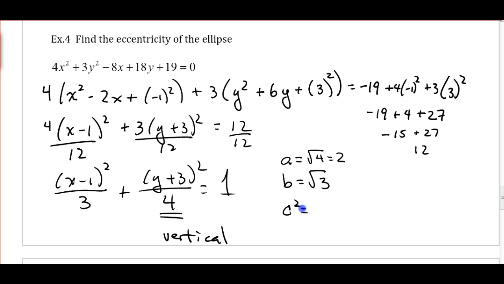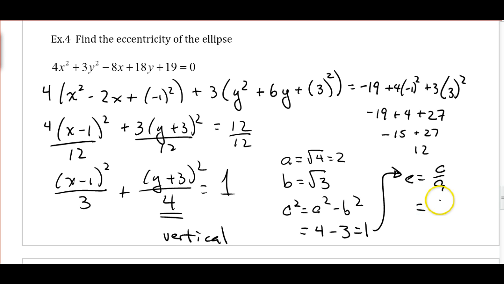And I know that c squared is equal to a squared minus b squared. So that's going to be 4 minus 3, which is 1. Then e is going to be c over a, which is 1/2. So there's my eccentricity as 1/2.